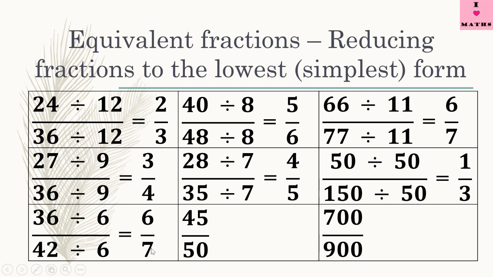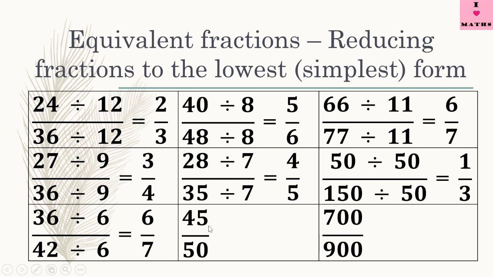Right? So 6 upon 7 is in the simplest form or the lowest form. Why? Because 6 and 7 both come together in only the table of 1. So children, 36 upon 42 is equal to 6 upon 7. 6 upon 7 is the lowest form of 36 upon 42.